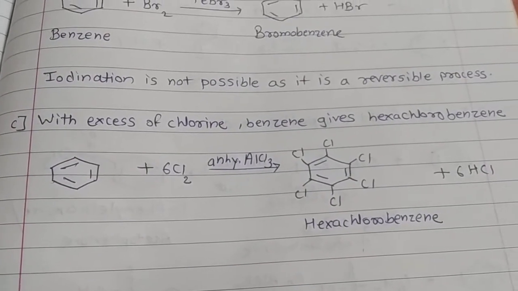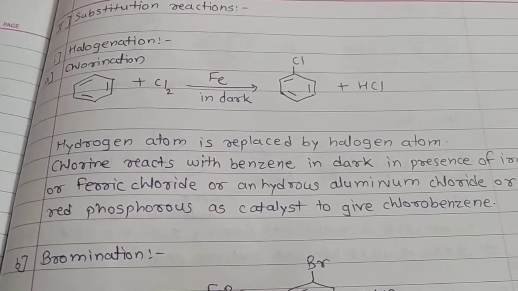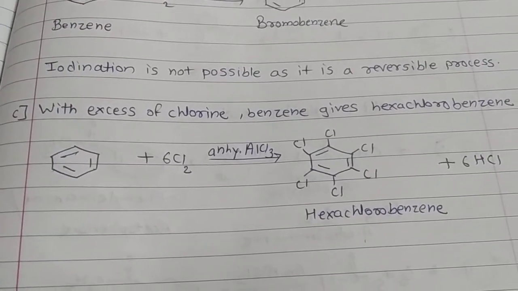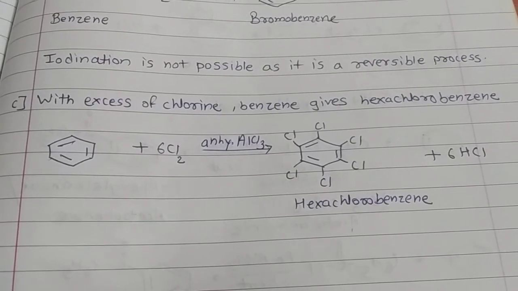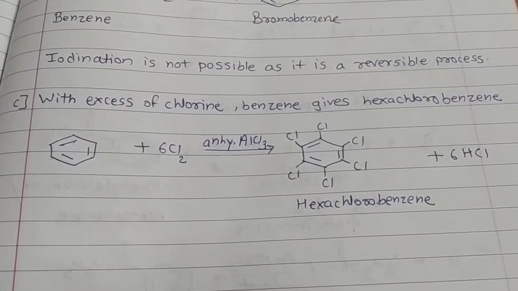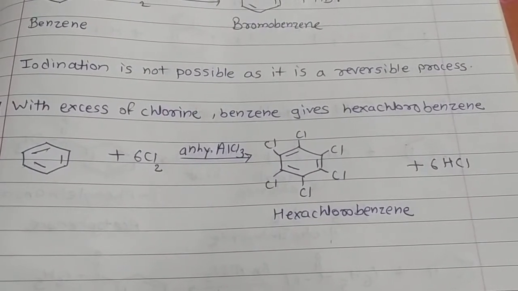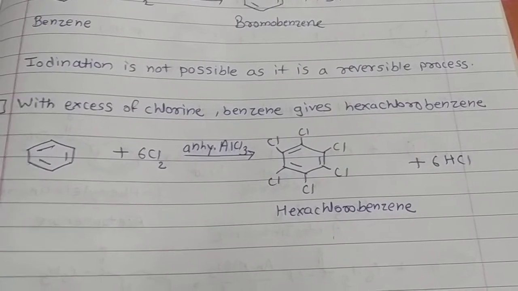And what happens if we use excess of chlorine? In the previous reaction, chlorine in dark, a limited amount of chlorine is used, but here if you use excess of chlorine, we'll get hexachlorobenzene as the product and HCl as the byproduct in the presence of anhydrous AlCl3. Anhydrous means it does not contain any water molecule.